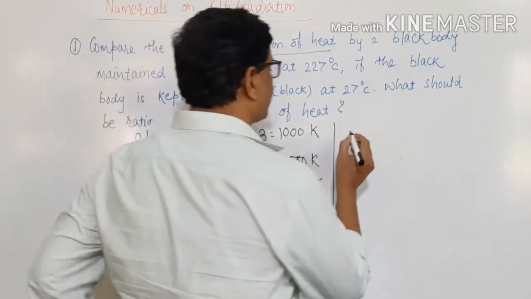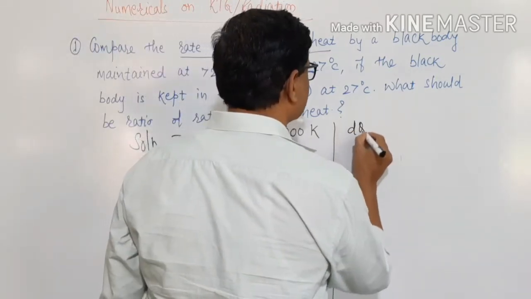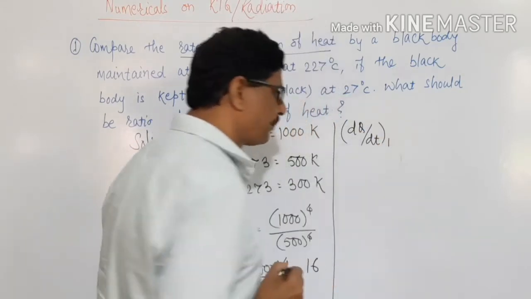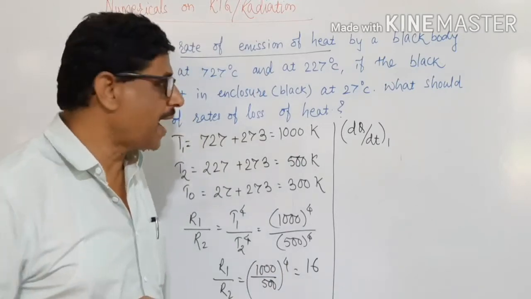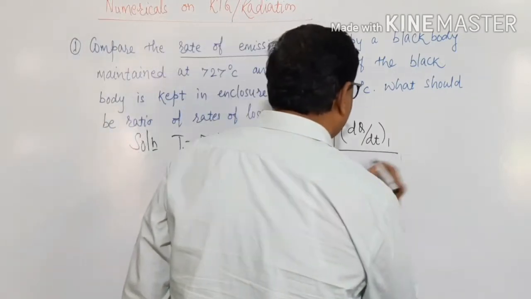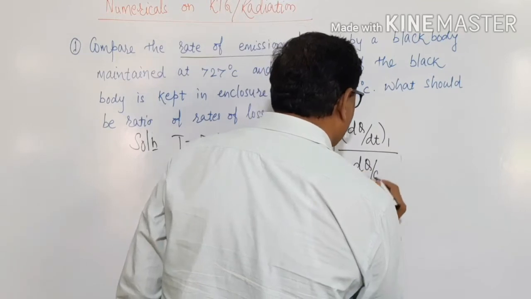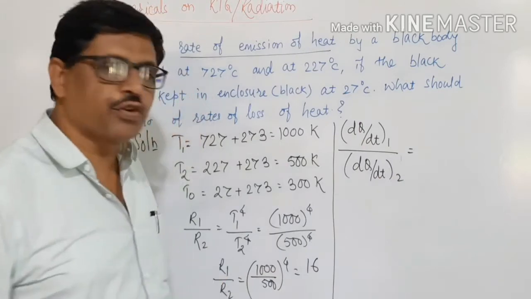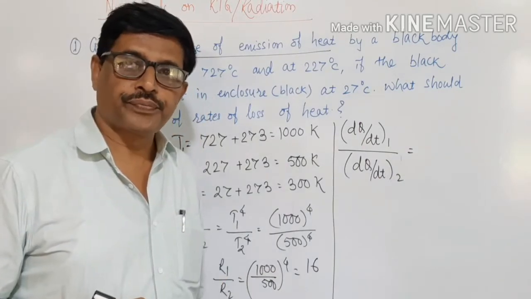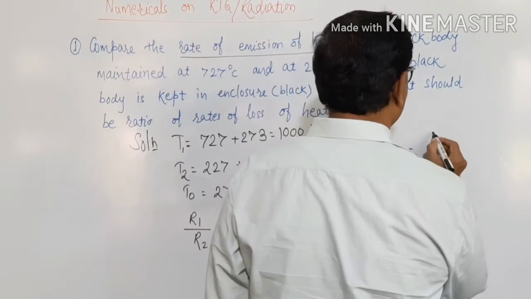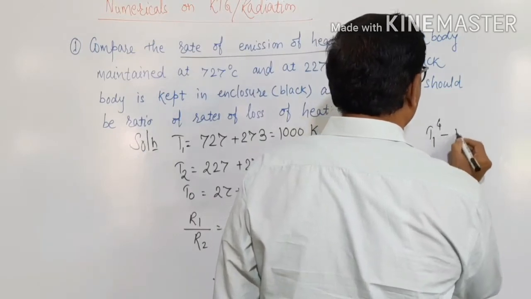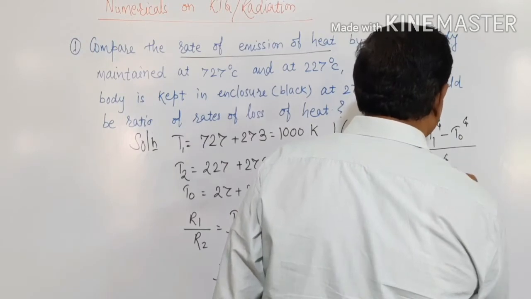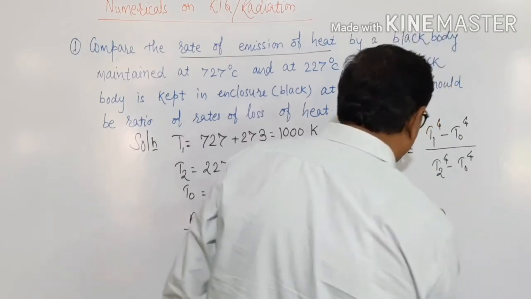Therefore, for the rate of emission of heat, I will write dQ by dt1, the loss of heat at temperature T1, divided by the loss of heat at temperature T2 per unit time, dQ by dt2. Now, as it is directly proportional to T1 to the power of 4 minus T0 to the power of 4, it is T2 to the power of 4 minus T0 to the power of 4.